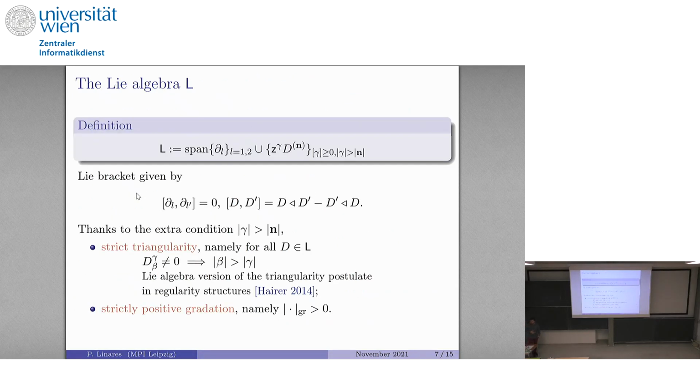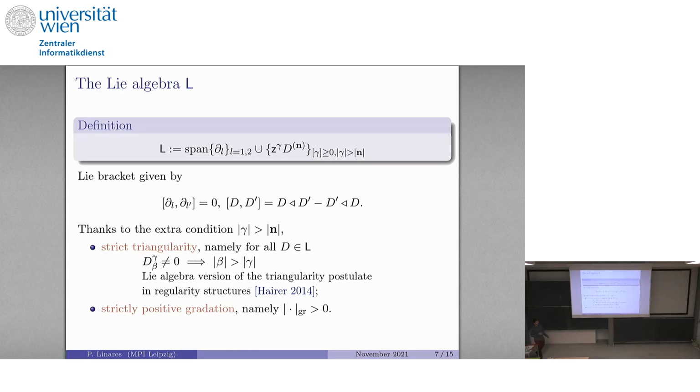Now with these objects, we actually can define a Lie algebra, where the Lie bracket is generated by the pre-Lie product, and where we don't have a pre-Lie product, it's very easy to see that this shift generator should commute. So in the end, it doesn't create any problem. And thanks to this extra restriction of the homogeneity of the multi-index gamma being larger than this n, we get the following two properties.